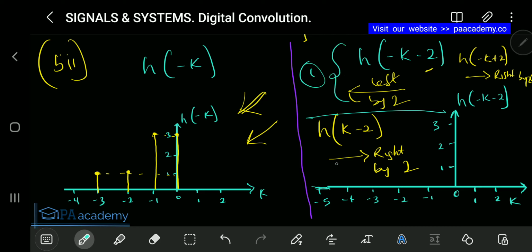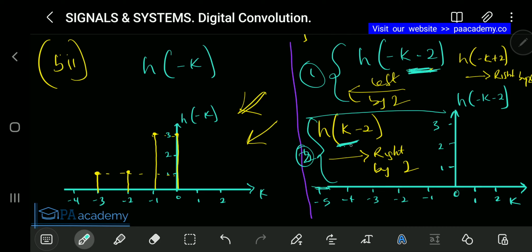I hope you got the difference between what we are having here. Let me call this 1, and this 2. I'm just going through this so that you can have a proper understanding. This is a reversed signal that is being shifted. This is just a normal signal, that no reversal has happened to.